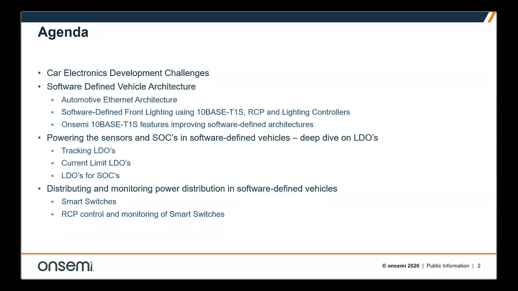Then a deep dive on powering sensors and SoC with the right LDOs, voltage tracking, and current limit for SoC. And then we will finish by distributing and monitoring power using smart switches, including RCP control and monitoring of those switches. By the end, you will see how all of these layers connect into one coherent architecture. So let's dive in.